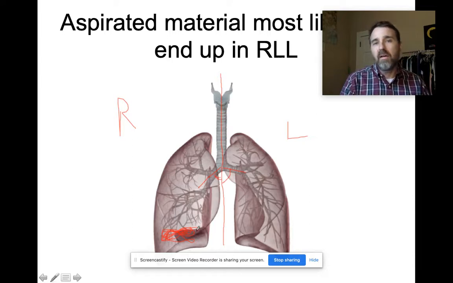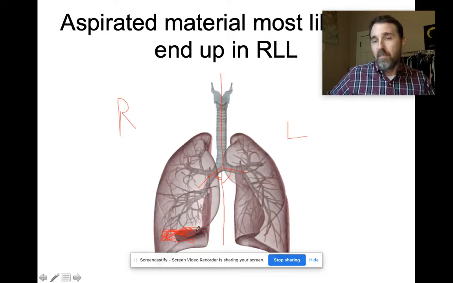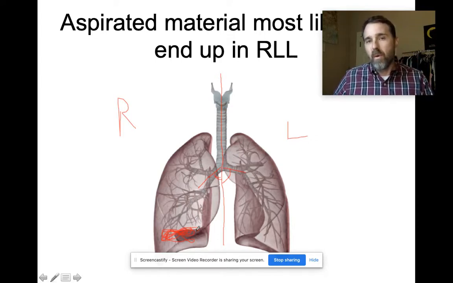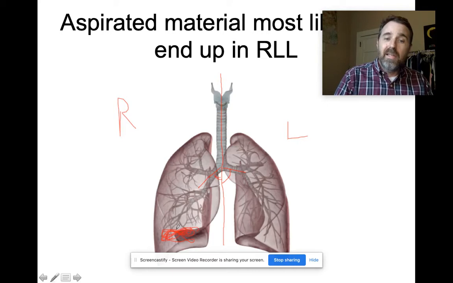And if you have food and water and sweet tea and Coke and whatever else you're eating and drinking ending up in the bottom of your right lung, that's going to set you up for a form of pneumonia. This is the right lung, lower lobe.